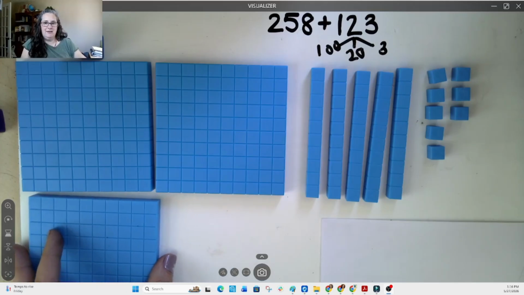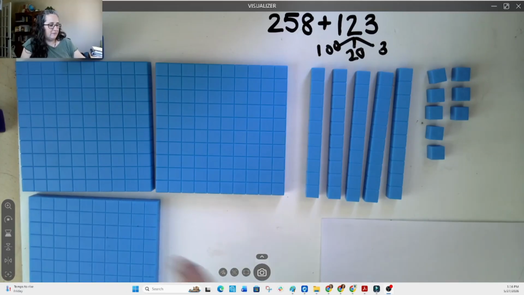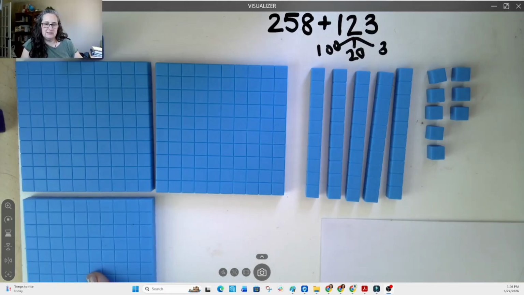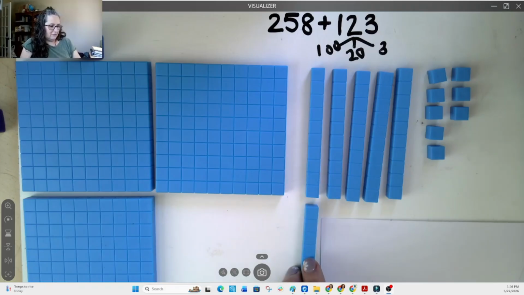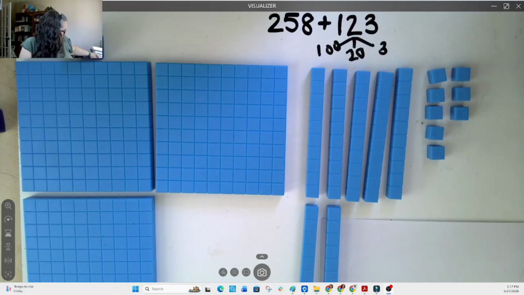When I add 100, I go from 258 to 358. Then I'm going to add on 2 tens. Now I'm at 368, 378. Then I'm going to add on 3 ones.